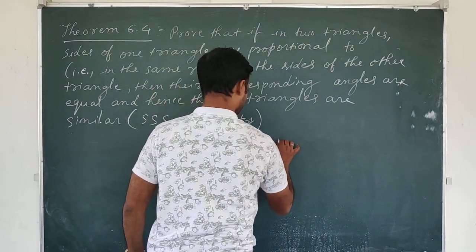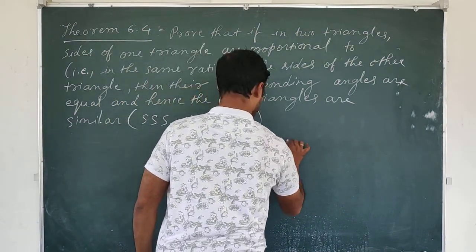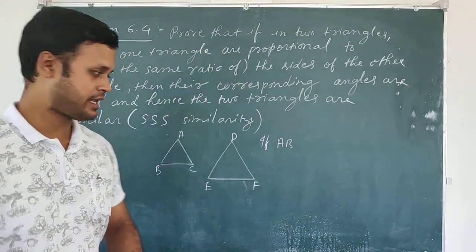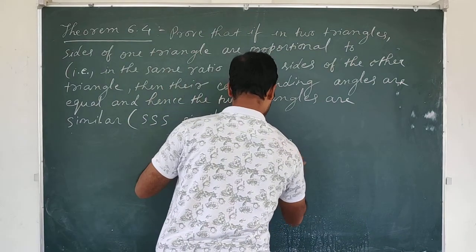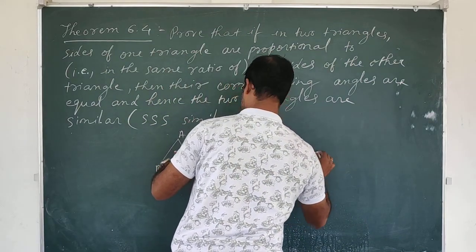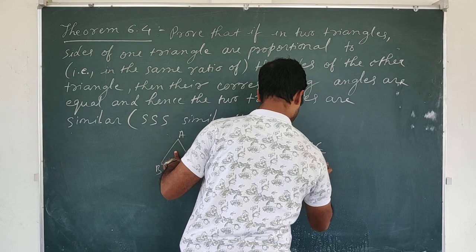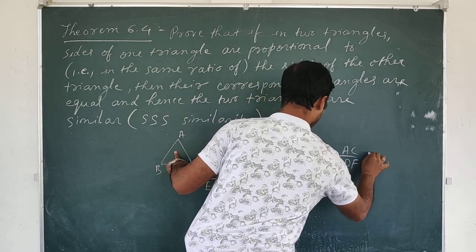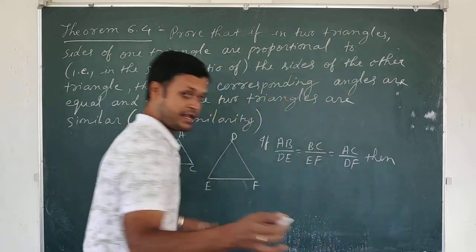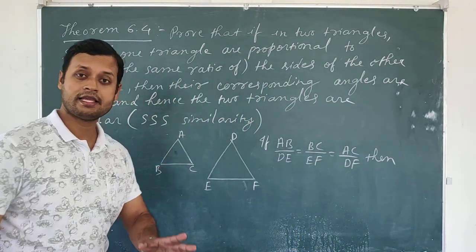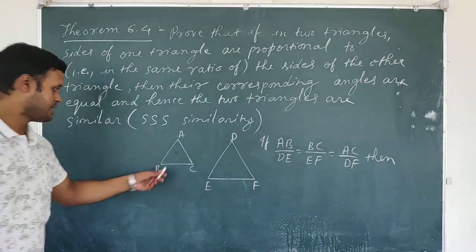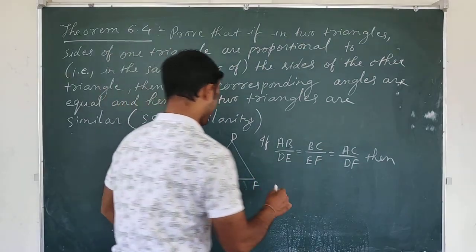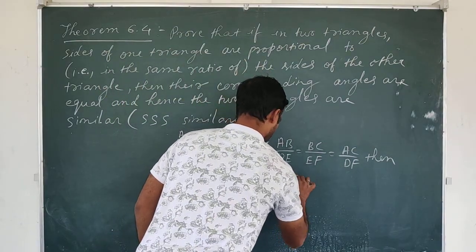If it is given to us, students, just try to understand in simple language: if AB by DE is equal to BC by EF is equal to AC by DF, then if the sides of this triangle ABC are proportional to the sides of this triangle, all the corresponding angles will be equal.